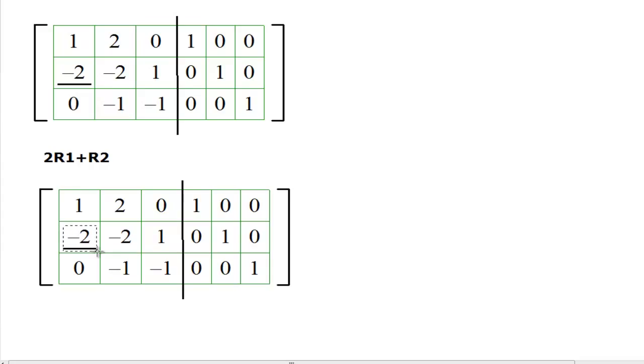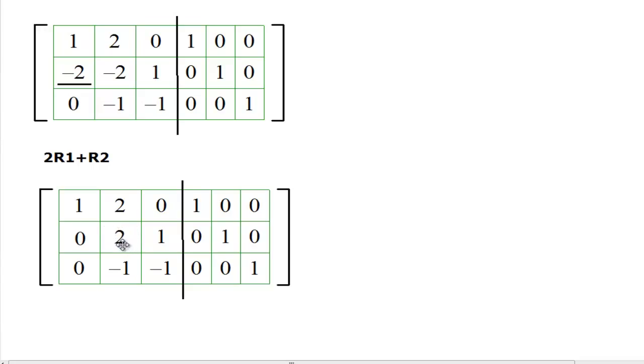We are going to get negative 2 plus 2, that is a 0. And then here, 2 times 2 is 4, and when we add negative 2 to 4, 4 minus 2 would be 2. So here we shall have only a 2.